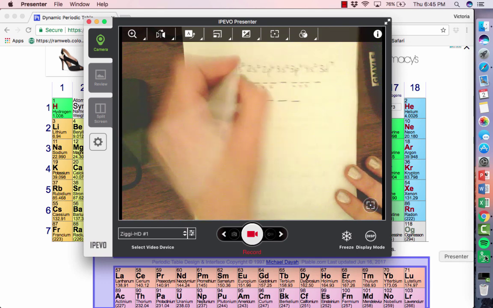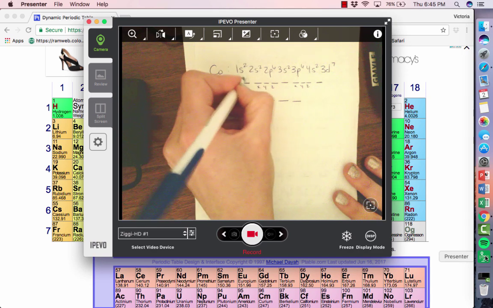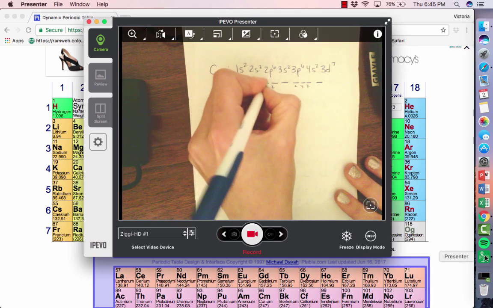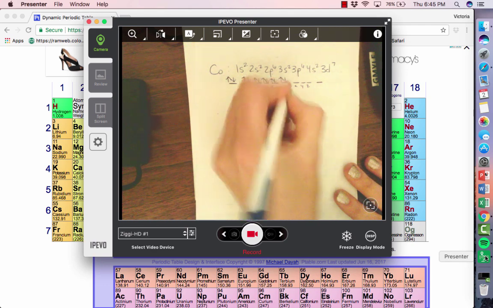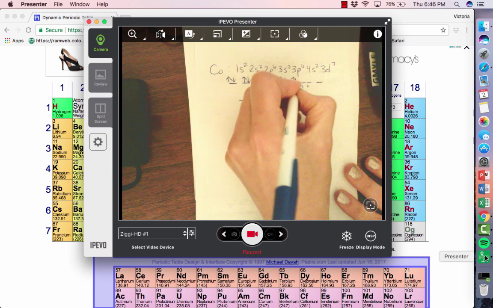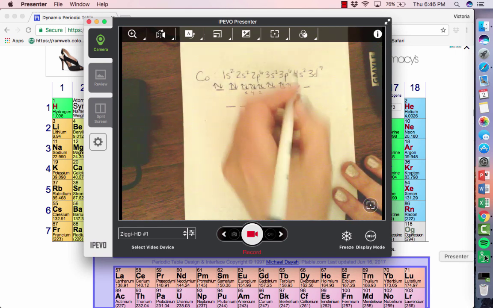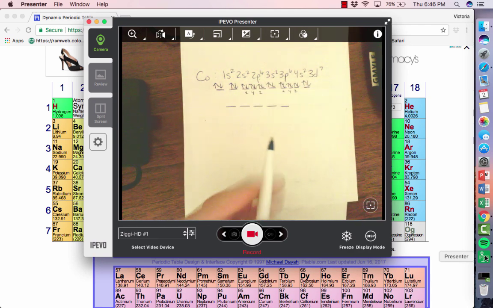So starting at the top, 1s2, up, down, 2s2, up, down, 2p6, those are all filled in, so I'll just fill them all in. 3s2, up, down, 3p6, again, those are all filled in. So just go through and put them all in. And then 4s2, those up and down. So here's the tricky part. The same rule applies.